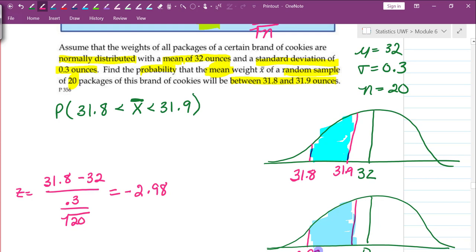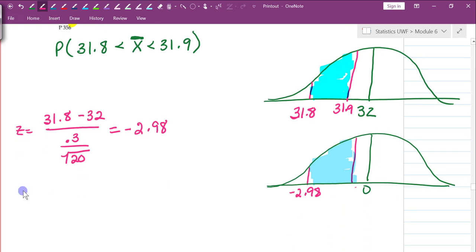I still need to find the z value for this one right here. So we're just going to scroll up just a little bit, and I'm going to say z is going to be equal to my other x bar value, which is 31.9, minus 32, divided by 0.3 divided by the square root of 20. And again, we're going to throw this in the calculator.